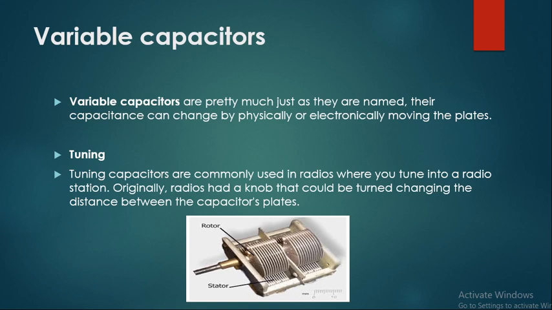This is the diagram of a tuning capacitor. Tuning capacitors are commonly used in radios, where you tune into a radio station. Most of you must have used or seen this category. Originally, radios had a knob that could be turned, changing the distance between the capacitor's plates. So that is tuning.